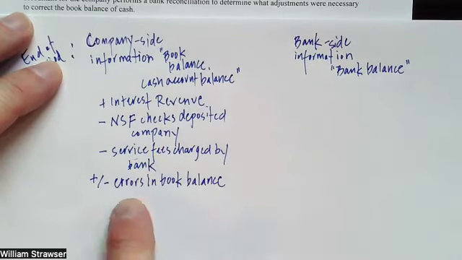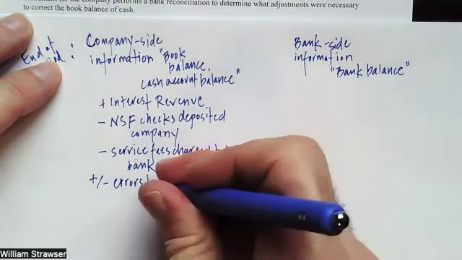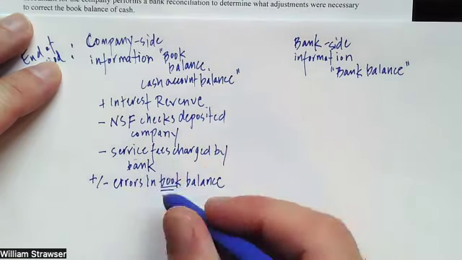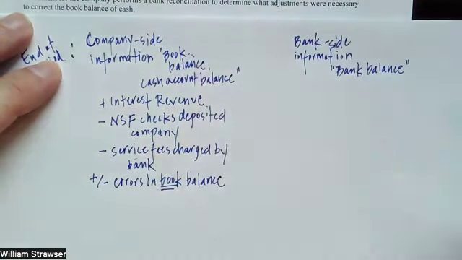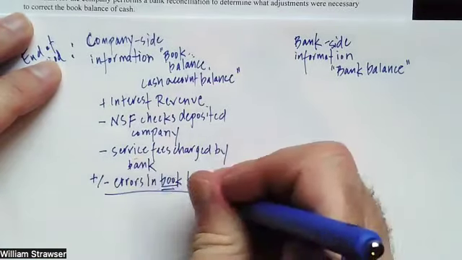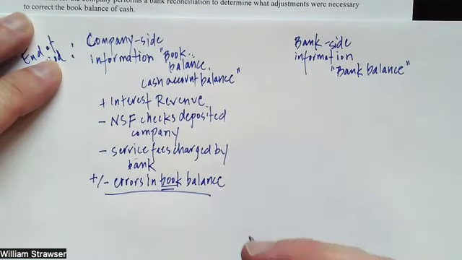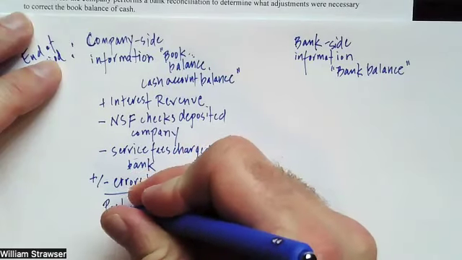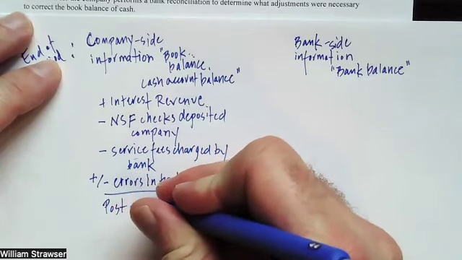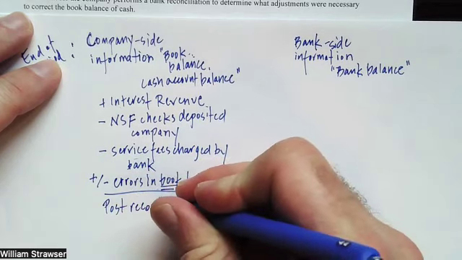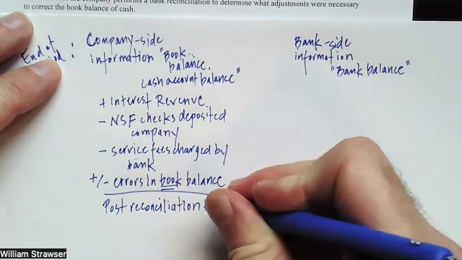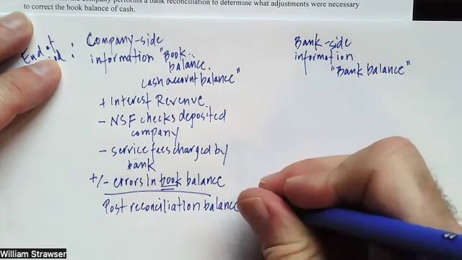So the errors committed by the book are added or subtracted on this side because the error is in this balance at the end of the month. And so after we adjust for those items, we get a post-reconciliation balance. I call this also the true balance a lot because it's the balance that is true for both the bank and the books.